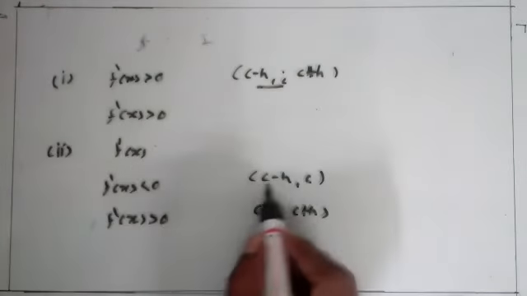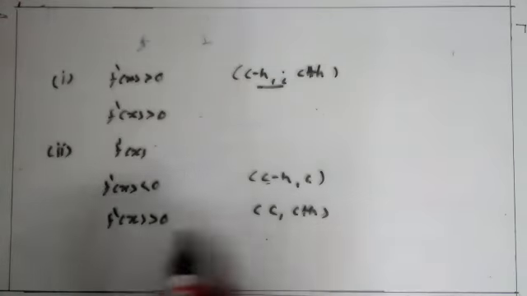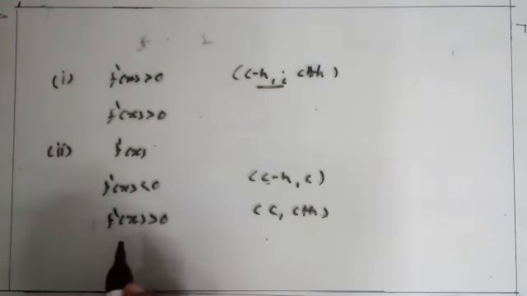That means in (C minus h, C) the function is decreasing, and in (C, C plus h) the function is increasing. Then C is a point of local minimum.